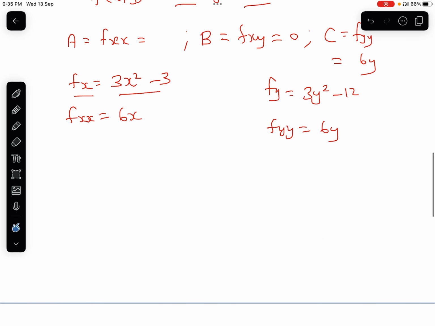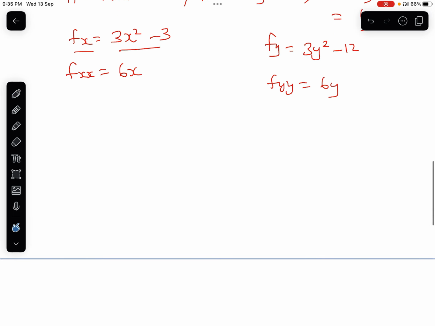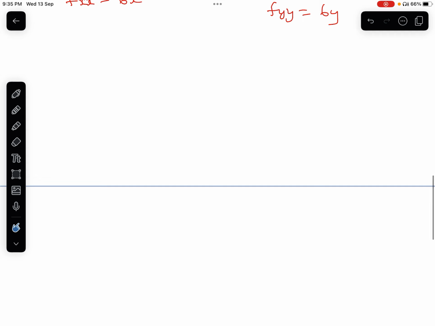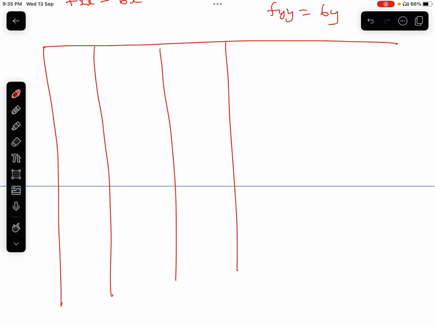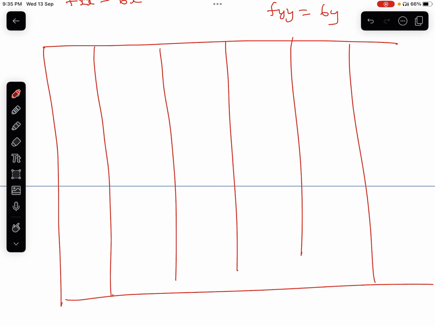Now what you're going to do is frame the table using the critical points. Frame the table like this and substitute the critical points.